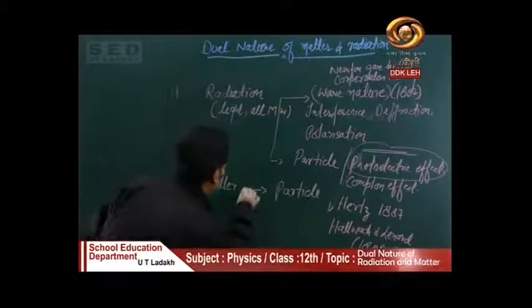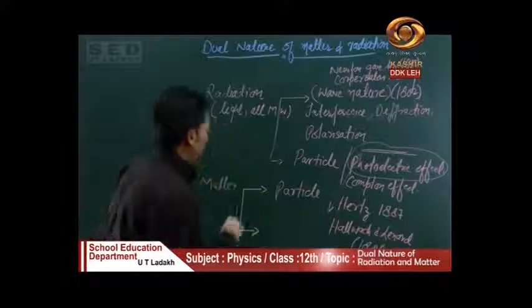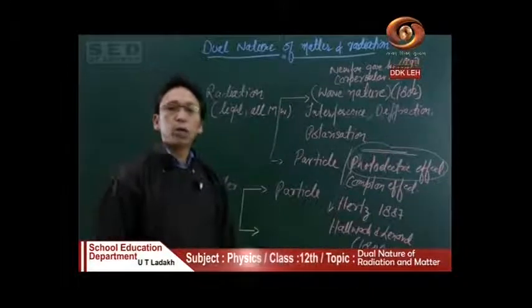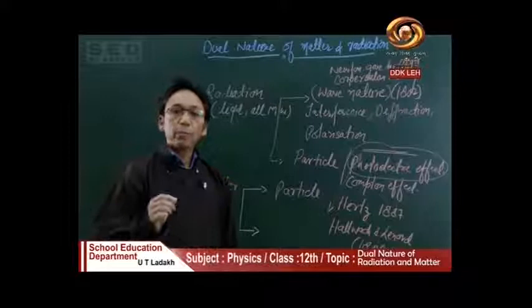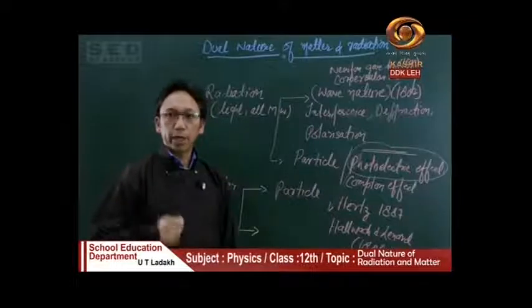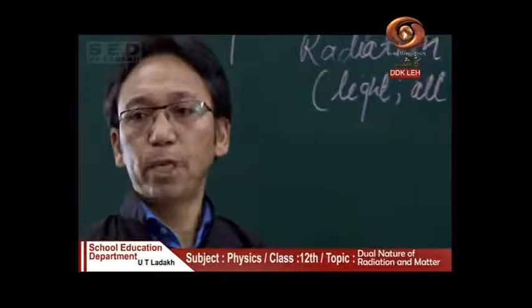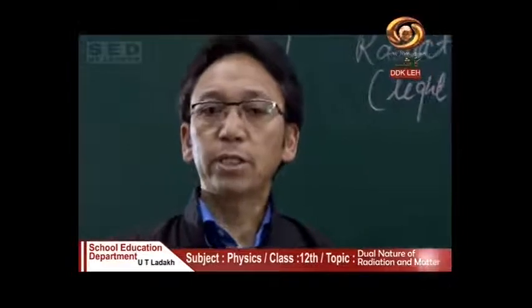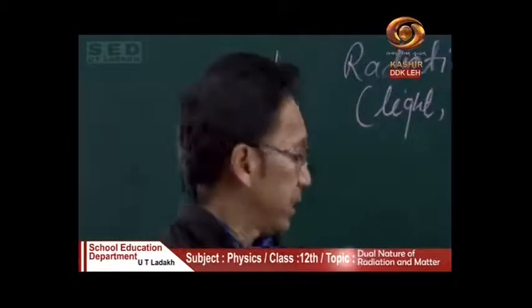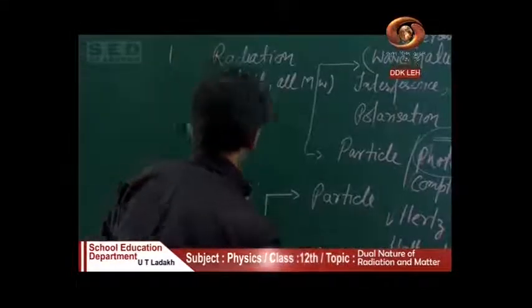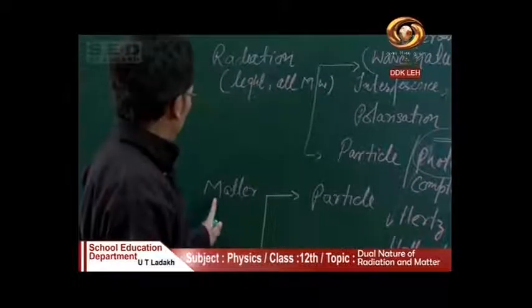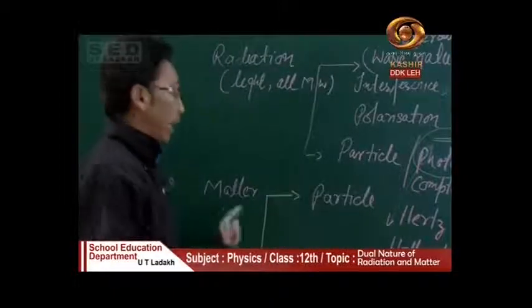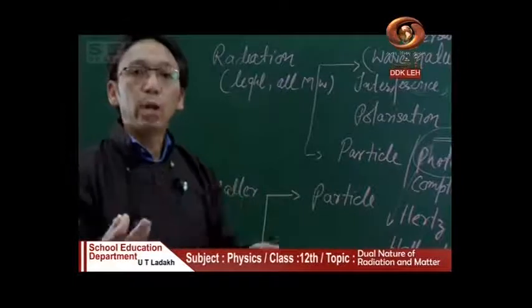Okay, similarly, around 1923, a PhD scholar, de Broglie, in his PhD thesis submitted a hypothesis, according to which he said that matter also has dual nature.